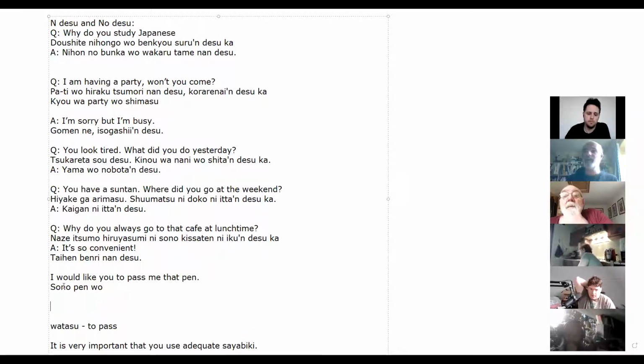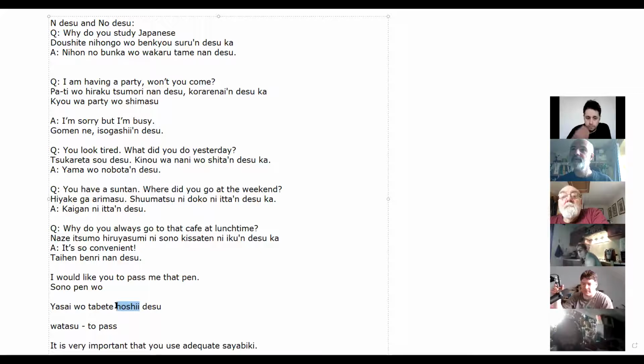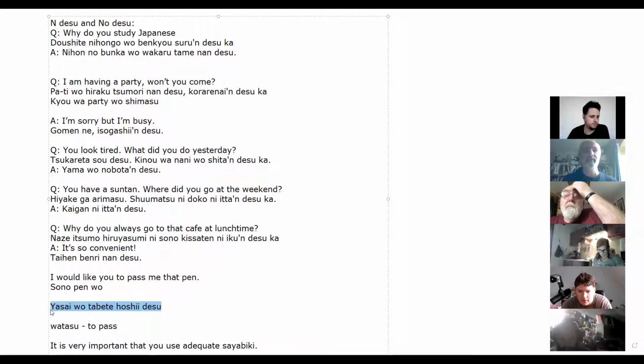If you say, I want you to eat your vegetables, you say yasai o, and then we put the verb that you want the person to do in the te form, tabete, and then you say, that is desirable for me, which is hoshii desu. Hoshii desu. This is an i adjective. It is desirable for me.